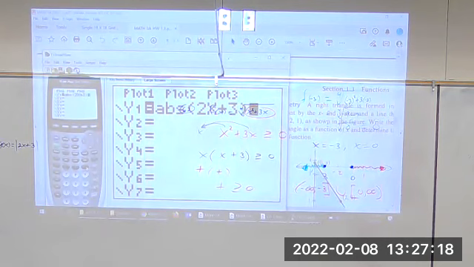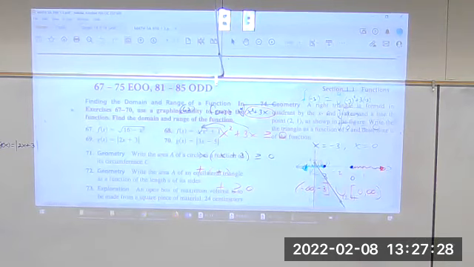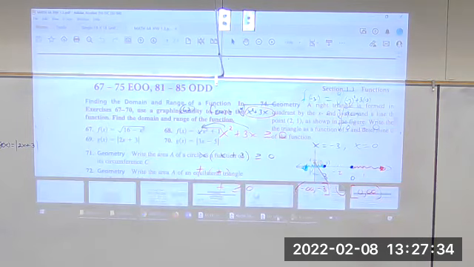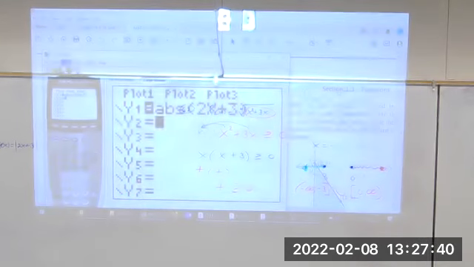Now, it doesn't tell us what to use for X and Y in the window. So I'm just going to choose a simple X and Y. And go back to my calculator. My window.